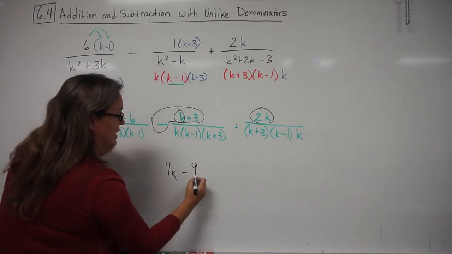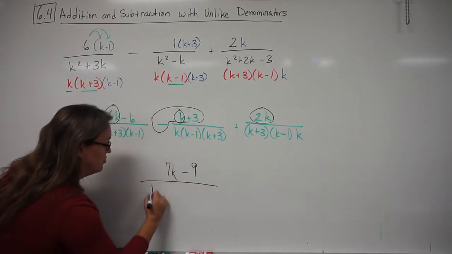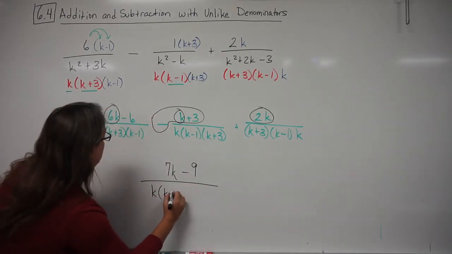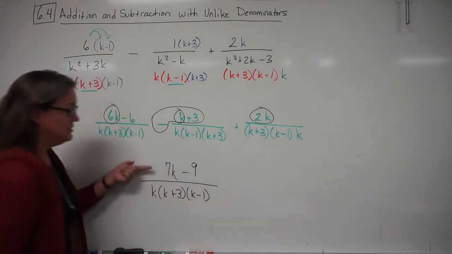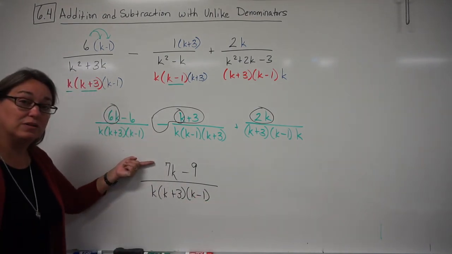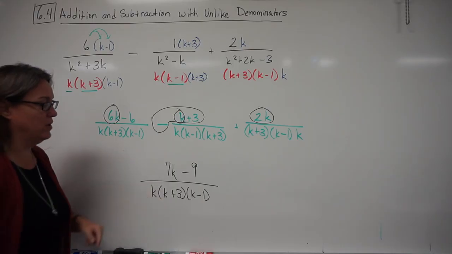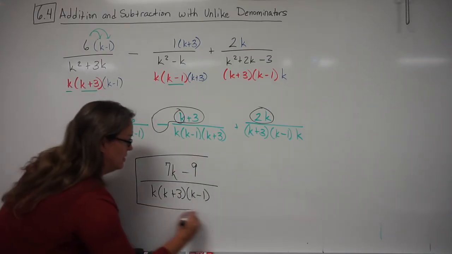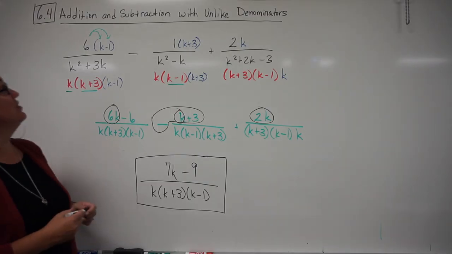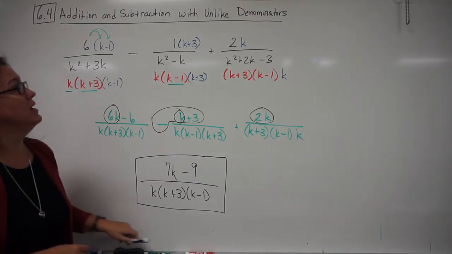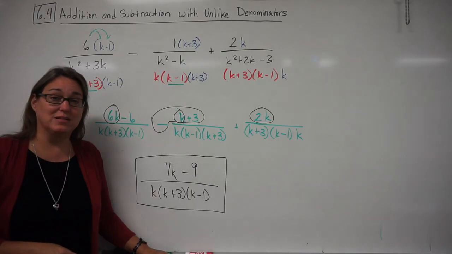So that's minus 9. This goes over our common denominator. I see that the top can't be factored, so I know I can't reduce this. So that is our answer. And that's the end of the lesson on 6.4, addition and subtraction with unlike denominators.